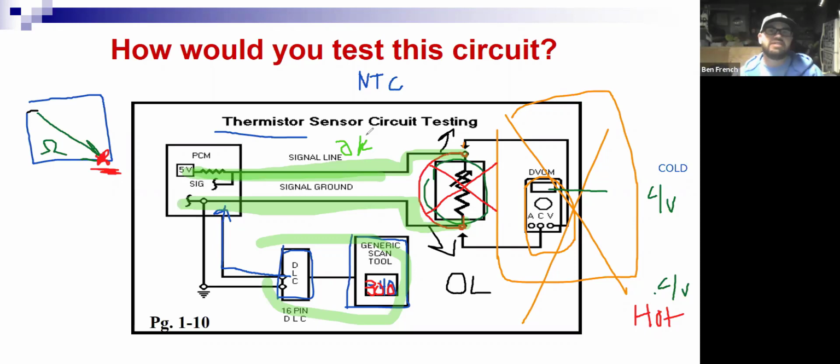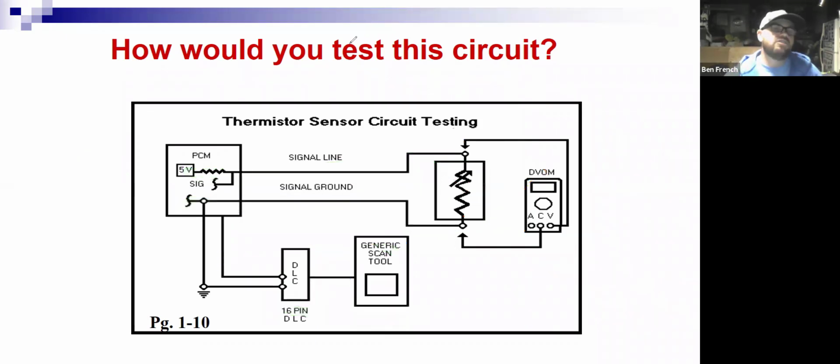So you always have to check for that. But if you do this test, it tells you the computer's doing its job, the wiring's intact, and more than likely what you need to do is replace that coolant temperature sensor. All right. So I just wanted to show you how you apply some circuit knowledge and using your scanner, and this is all with the generic scanner, to shortcut some diagnostics.